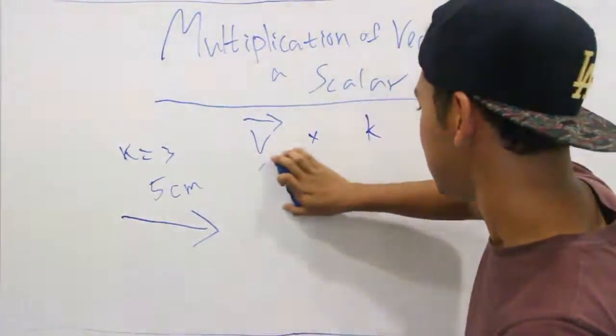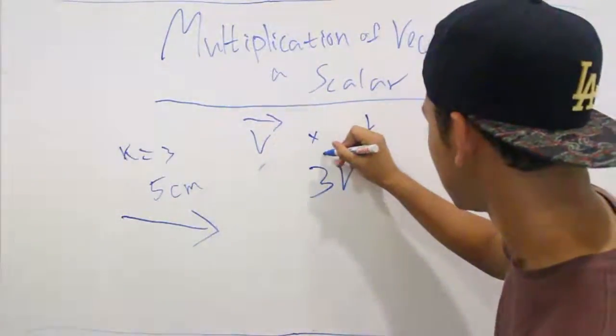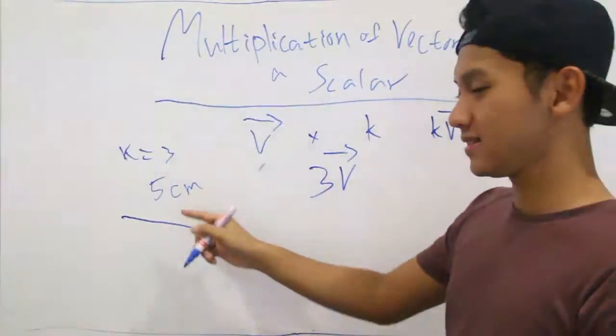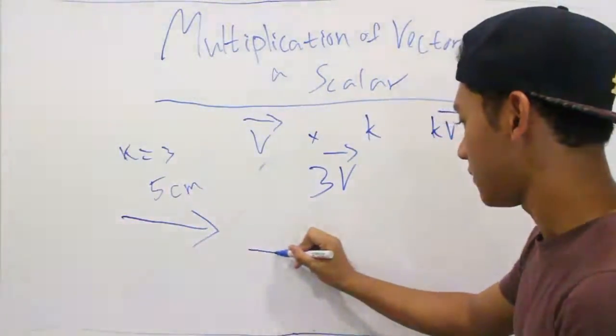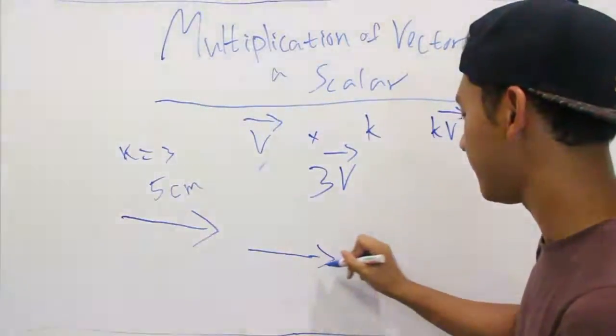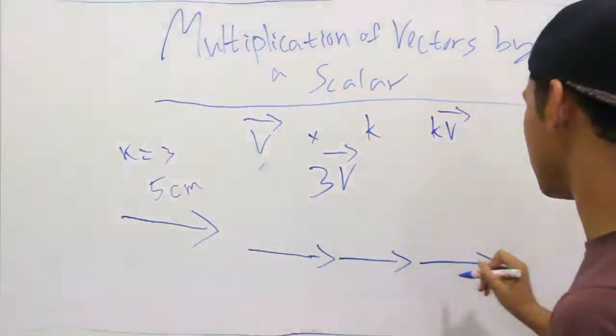3V means 3 vector V's. So if V is 5 centimeters, we will have a vector that is 15 centimeters long.